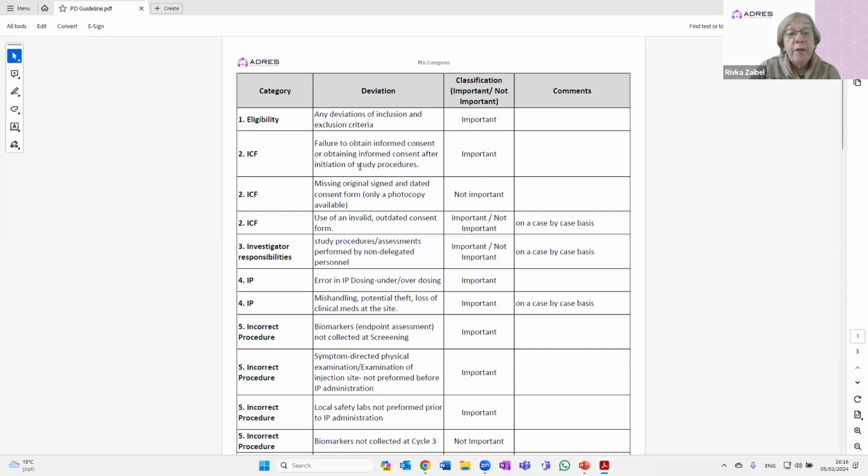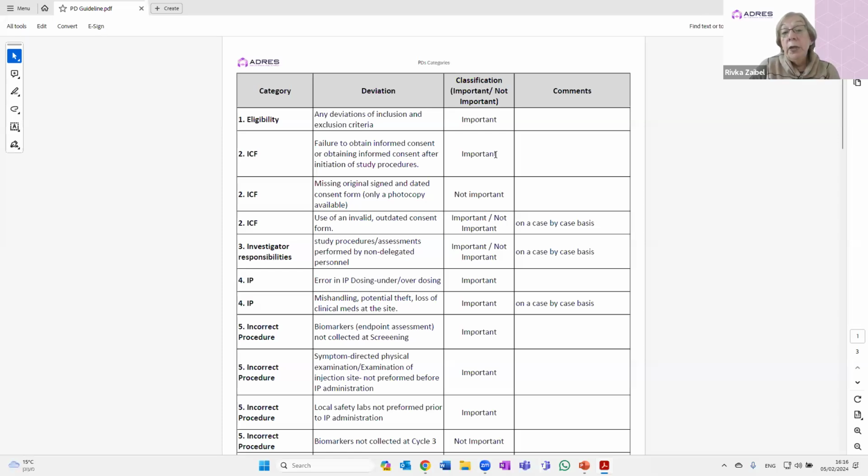In the ICF, failure to obtain informed consent prior to initiation of study procedures is an important one. Missing original signed and dated consent form, with only a photocopy available, is not important. And when I say important, it is equivalent to major, and non-important is equivalent to minor.